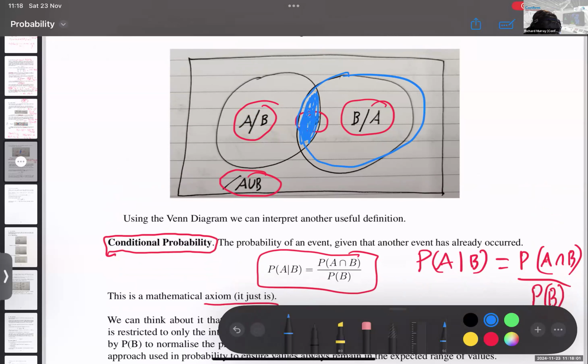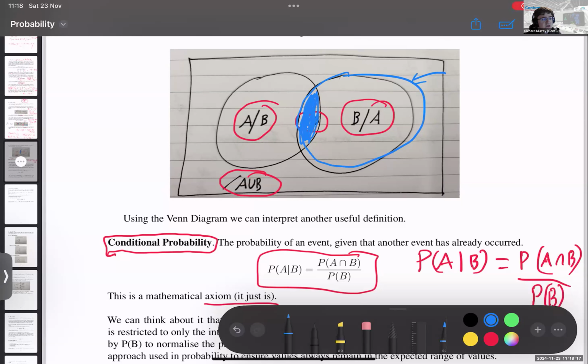So if we know that B has already occurred, we know that we're in this part of the Venn diagram as a whole, and we're wondering whether A can occur. So it can only be this intersection region, which is the overlap.